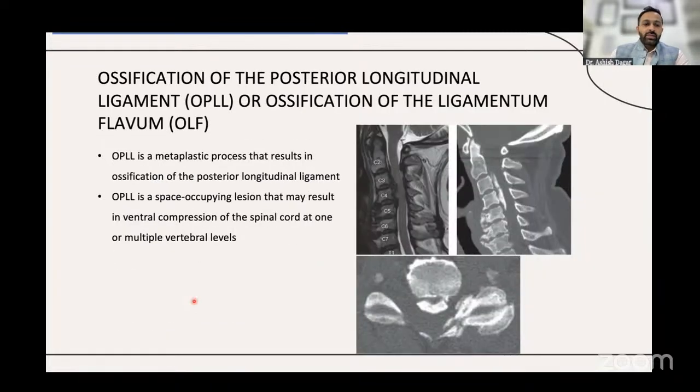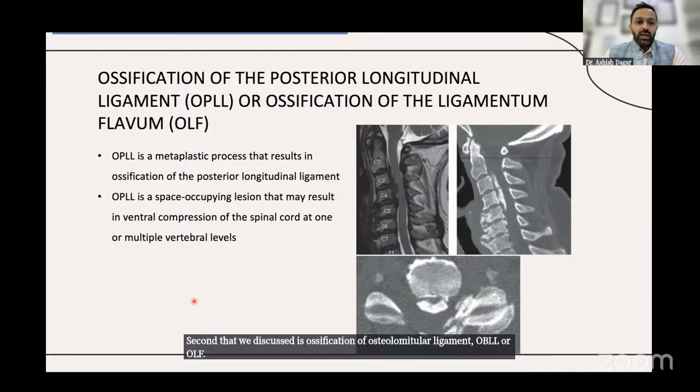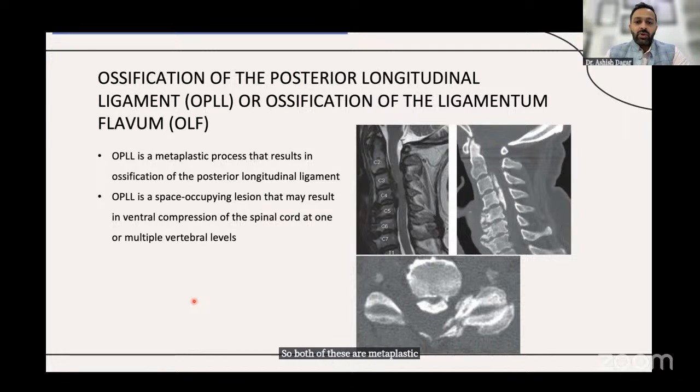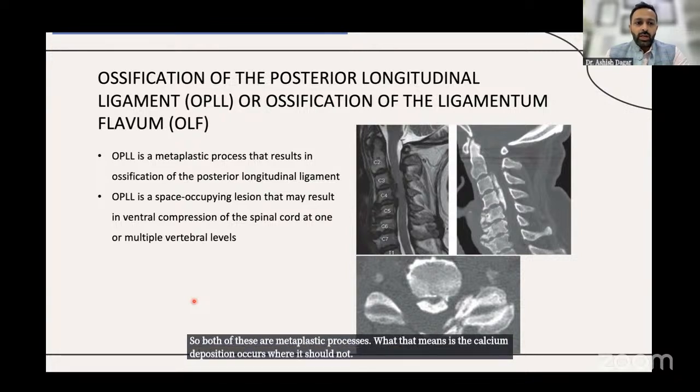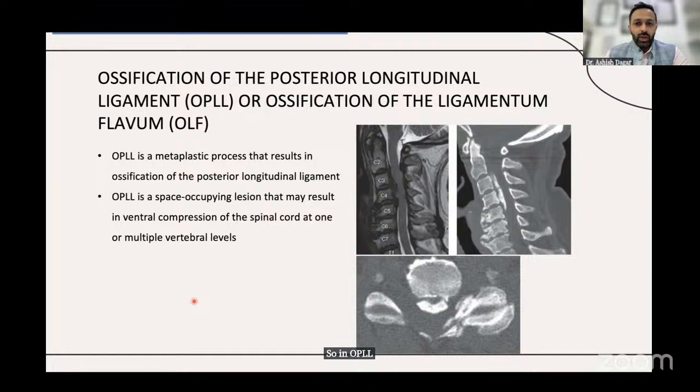The second that we discussed is ossification of the posterior longitudinal ligament, OPLL, or OLF. Both of these are metaplastic processes. What that means is calcium deposition occurs where it should not. In OPLL, the posterior longitudinal ligament is calcified and increases in size.